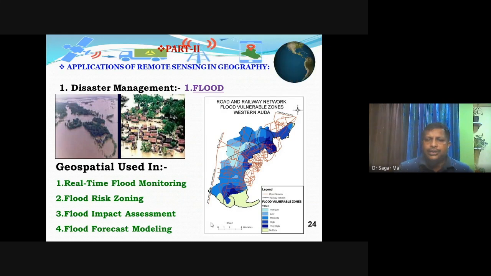In the laboratories also, before the flood, we can make the model and forecast, if a certain amount of rainfall occurs, how much water will be in the channel, and with this much water in the channel, how much area will be submerged. So that model we can make, and after that we can move the people of that flood zone area to the safer side.